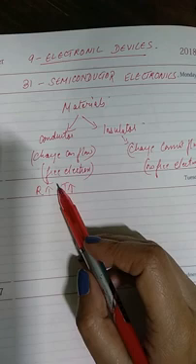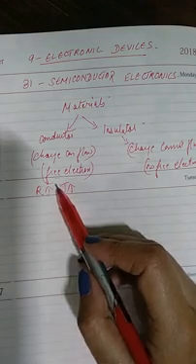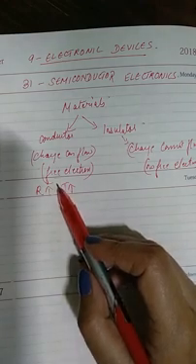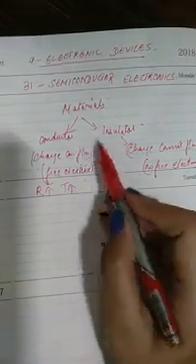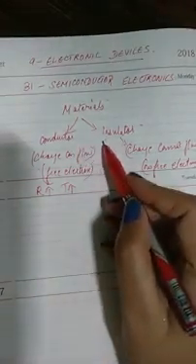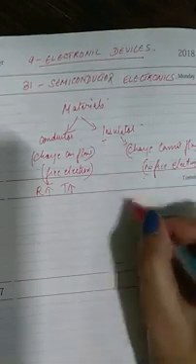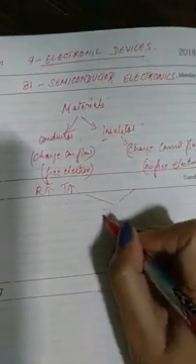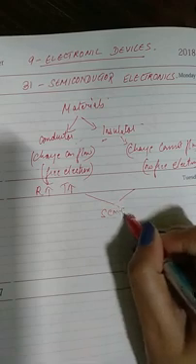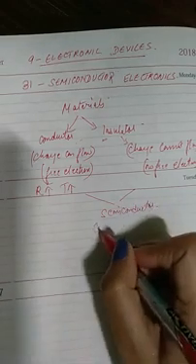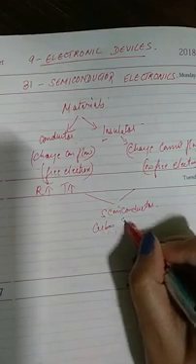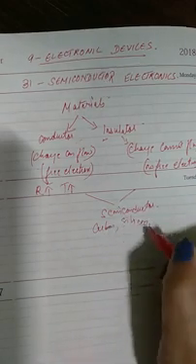There are, however, certain materials where electrical conductivity is intermediate between conductor and insulator. So there is a material which lies between conductor and insulator. That material is known as a semiconductor, such as carbon, silicon, germanium.